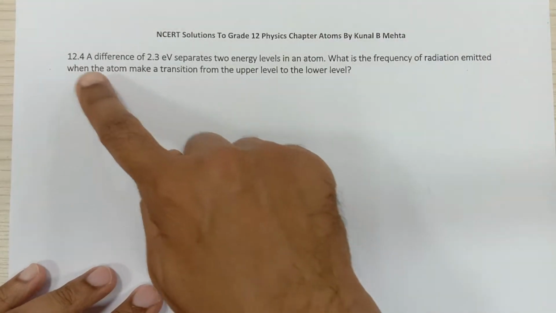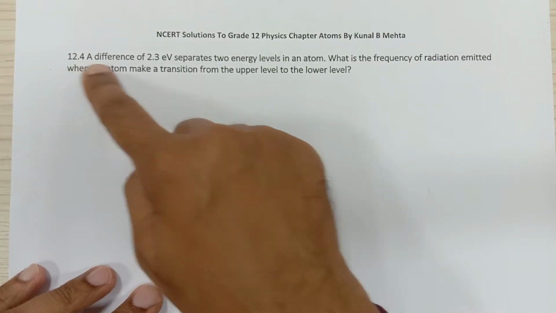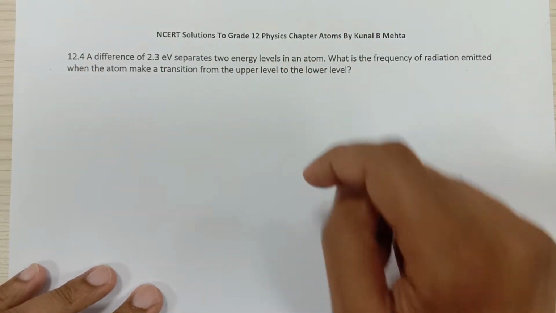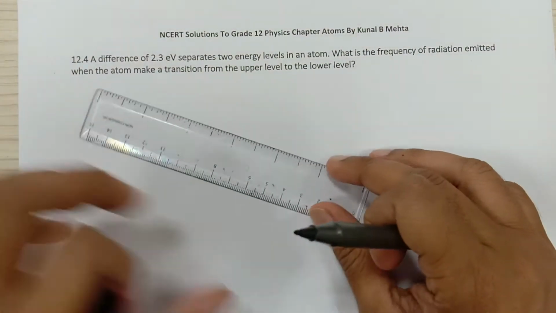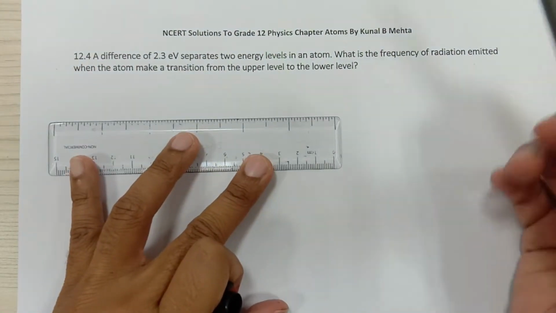So today we are going to discuss problem number 12.4 of the Atoms chapter, Grade 12 Physics NCERT textbook. Here they say that an electron jumps down from one orbit to another.